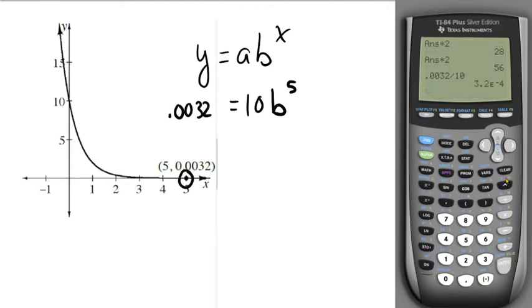Oh, and my calculator threw it into scientific notation. That's really cool. So I'm just going to go ahead and write this as 0.00032. And if I look at the scientific notation version, it put 3.2 times 10 to the negative fourth power, which is the same.